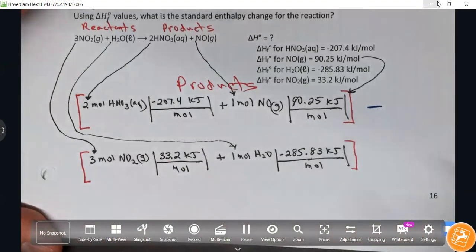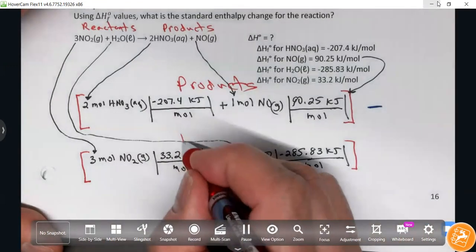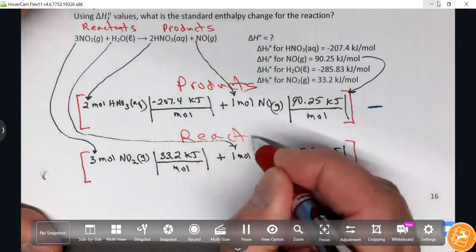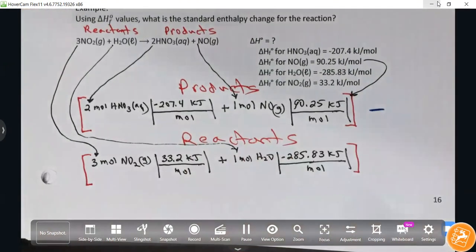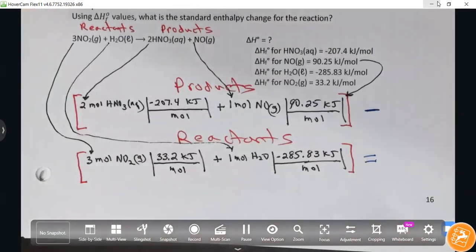Close that up. This is my reactants. Grab your calculator, see if you can crank this baby out.